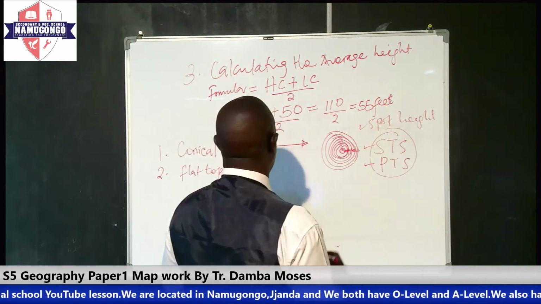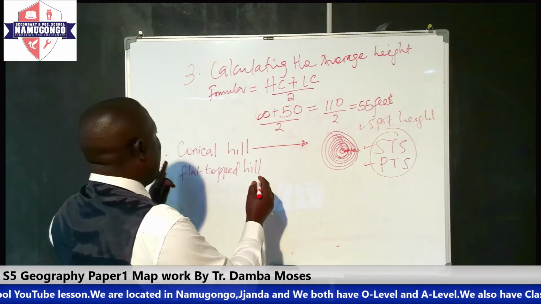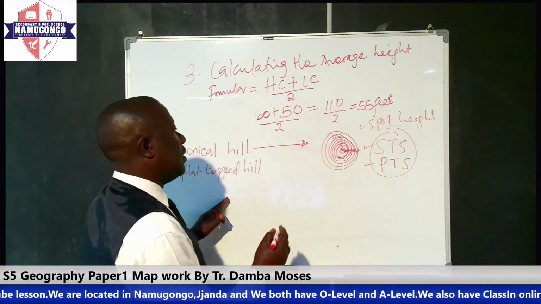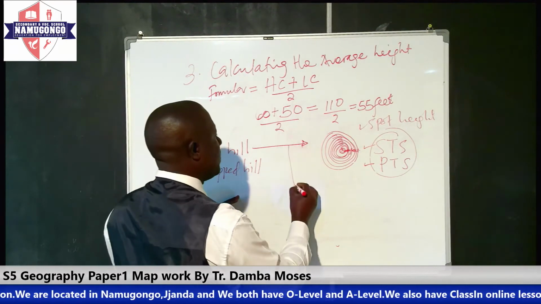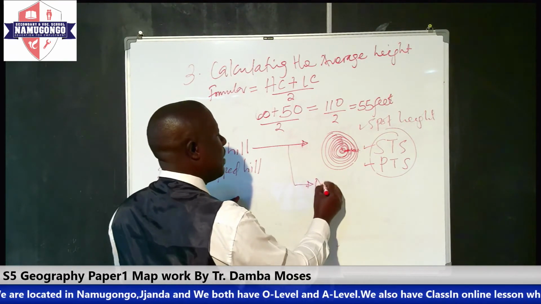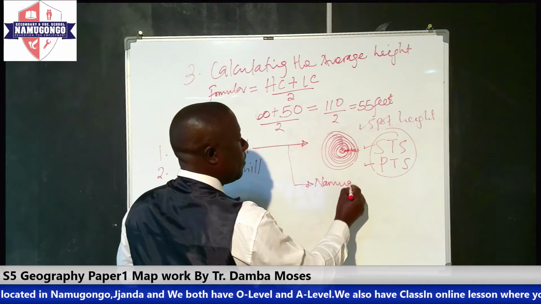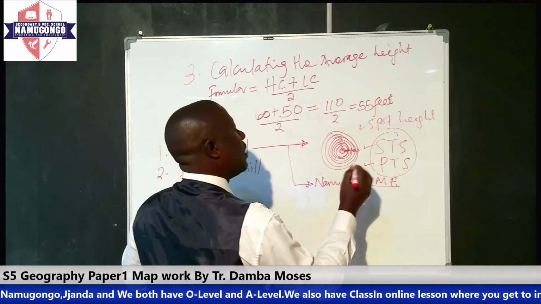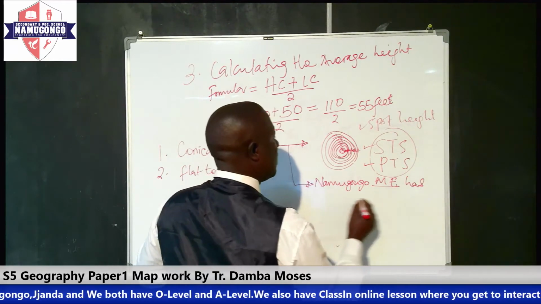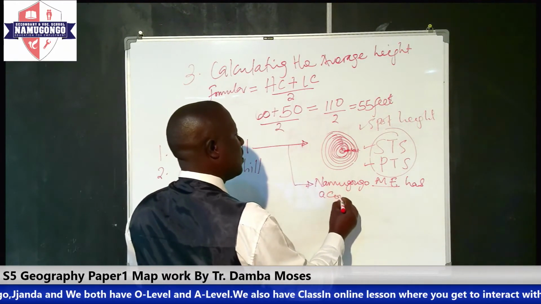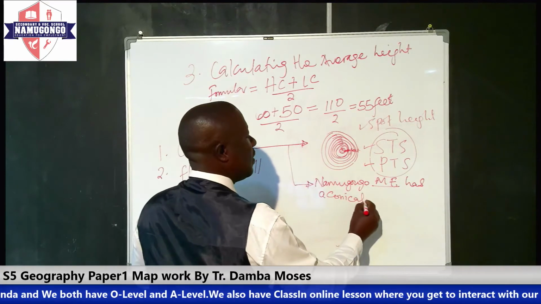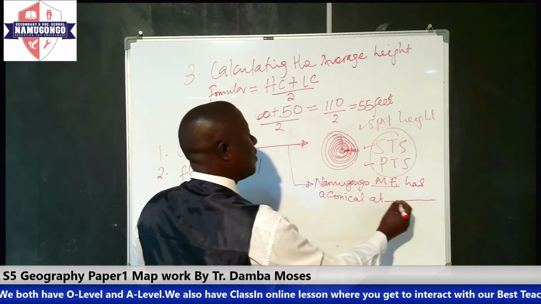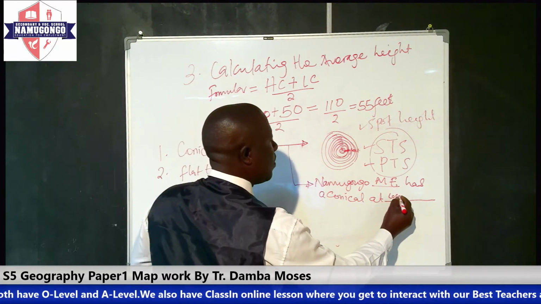So, when you identify that your map has a conical hill, you write a statement. Namugongo map extract has a conical hill at, and you give us the local name here.